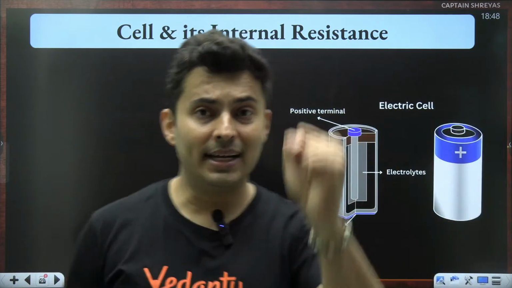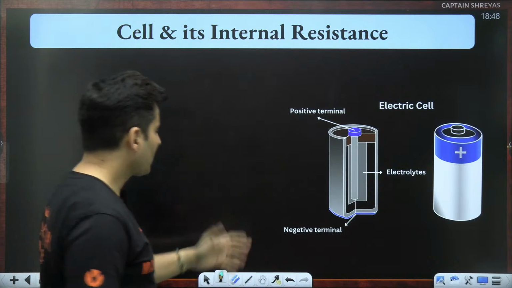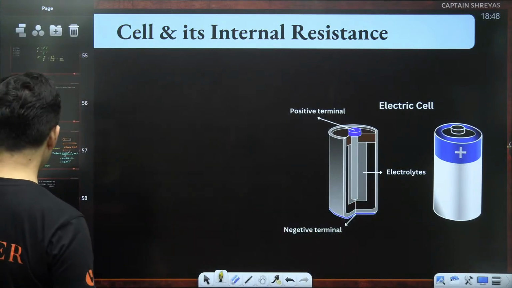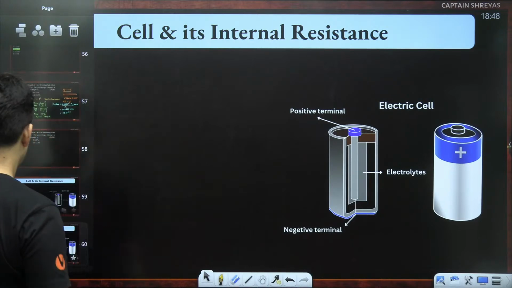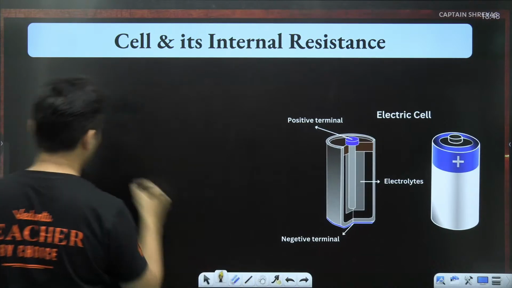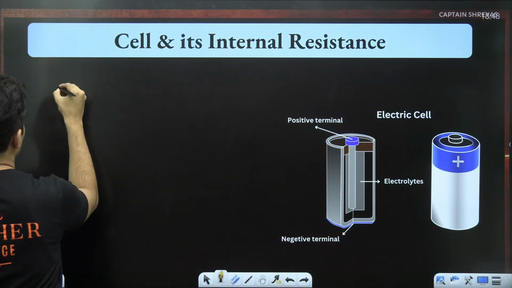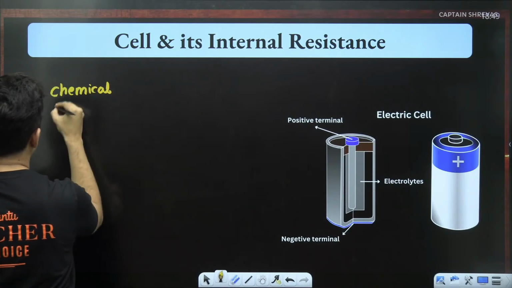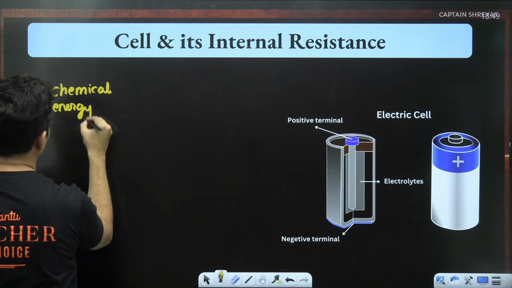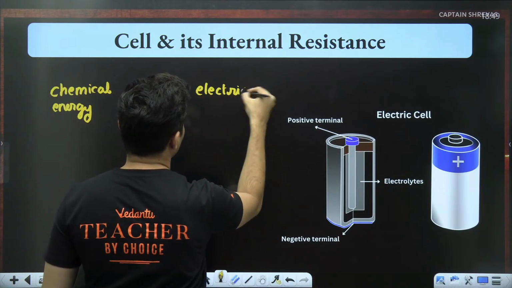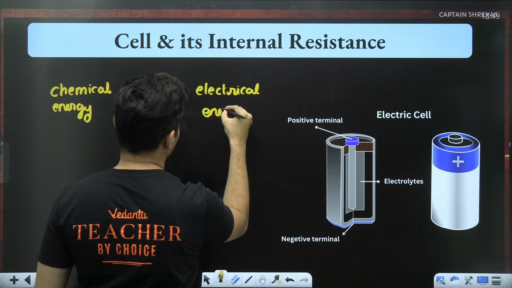So the batteries or the cells, all right, they basically convert chemical energy which is stored into electrical energy.